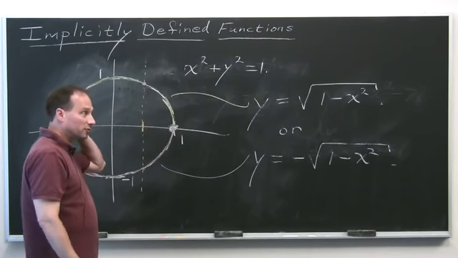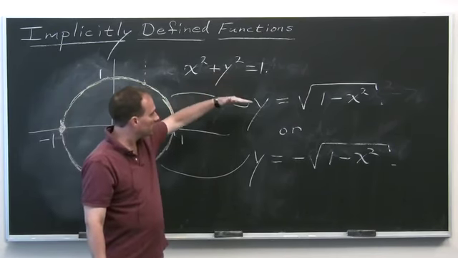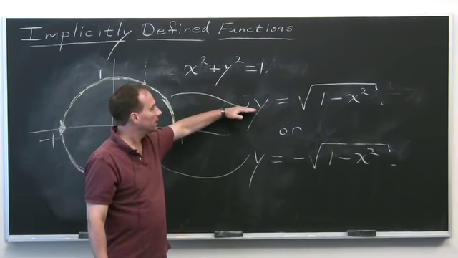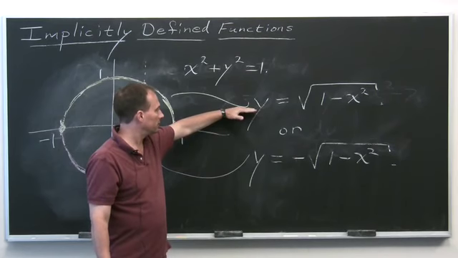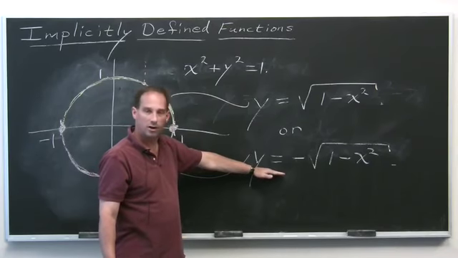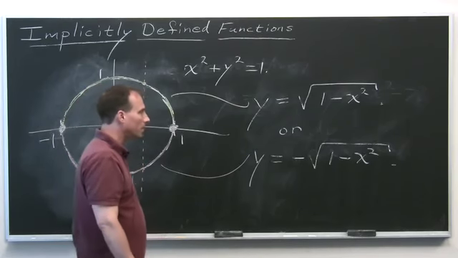So what does it mean to find dy dx? Well, if you were told that y is positive, then you would take dy dx of this one and calculate the corresponding derivative. If you were told that y is negative, you'd calculate the derivative of this. The only problem is where y is 0.